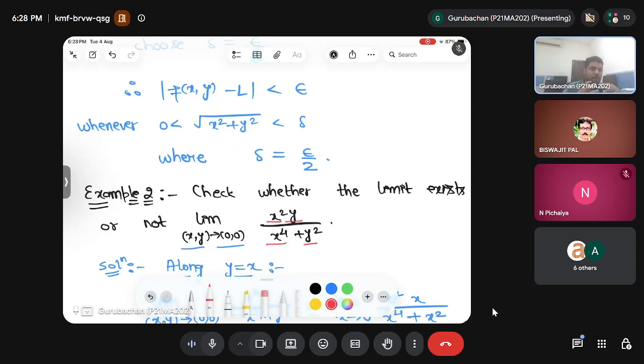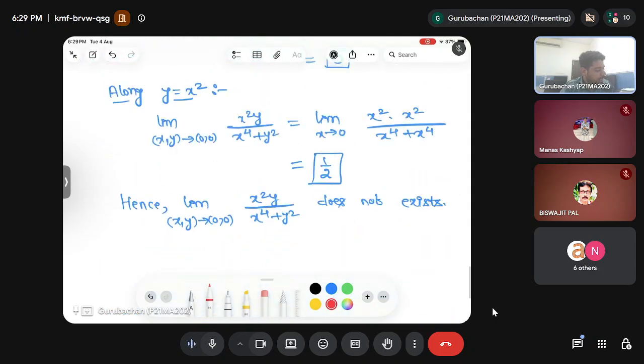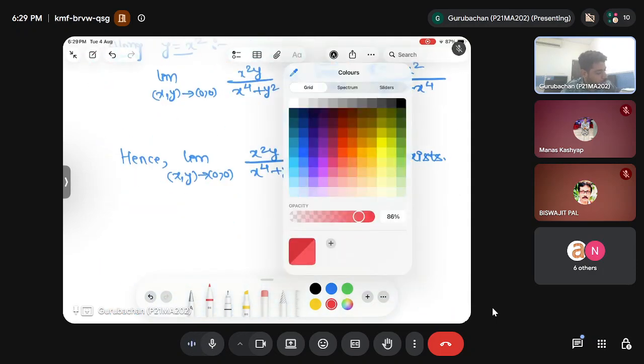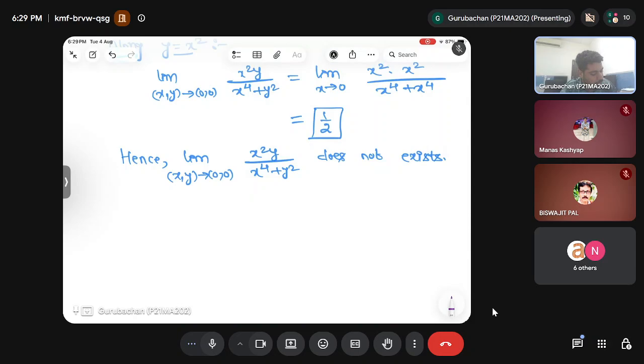What should be the power, y equal to mx square or mx cube? Mx square, so that the degrees can be equal. So I am telling you the general method number 2.